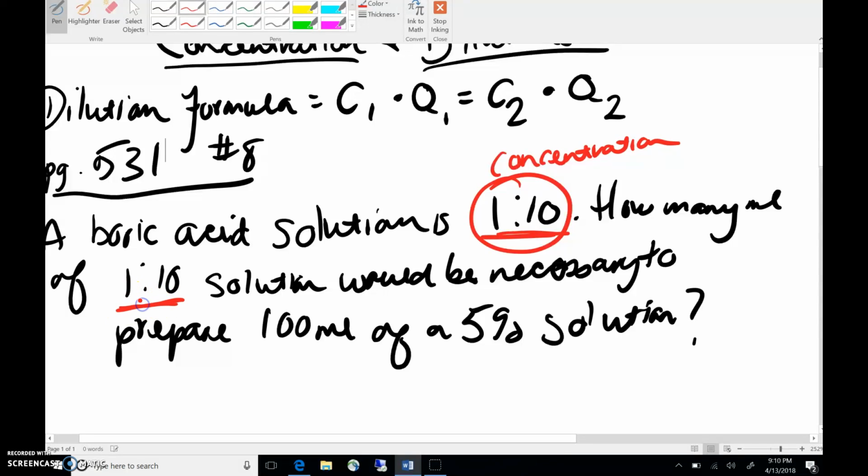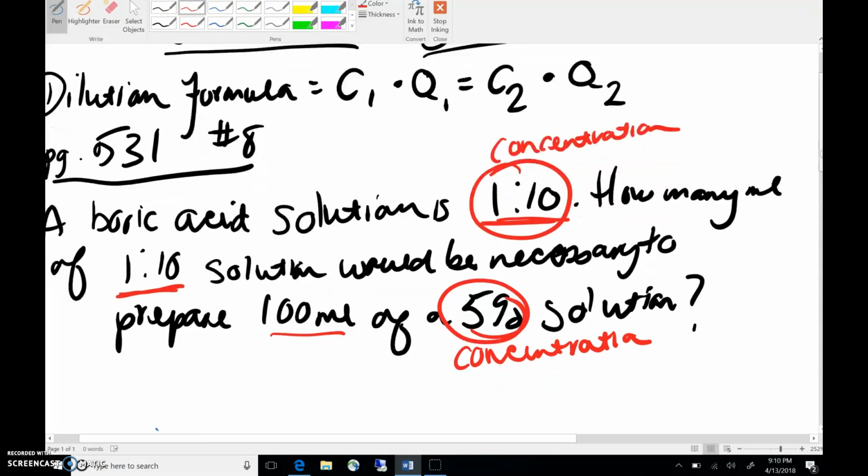This 1 to 10 solution is a concentration, but it's not different from the previous concentration. It's the same concentration, so it's just repeating itself. It says how many milliliters of the 1 to 10 solution will be necessary to prepare 100 milliliters of a 5%. So here, this is a concentration as well.